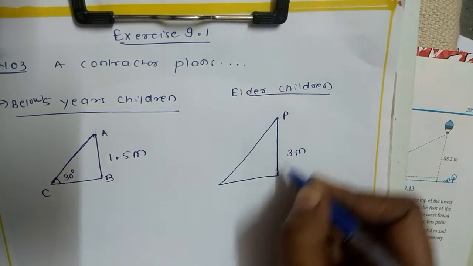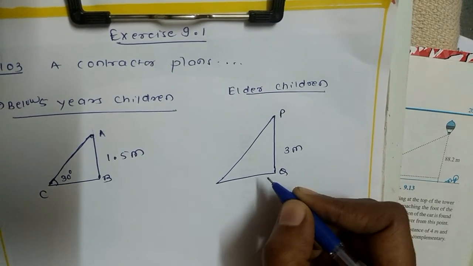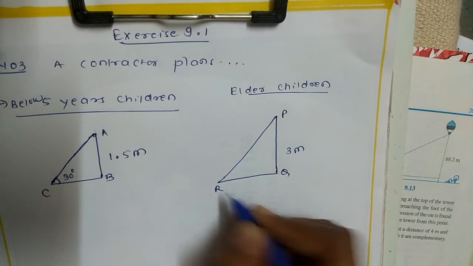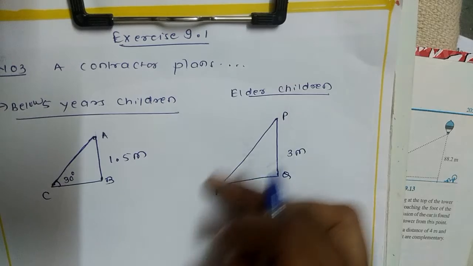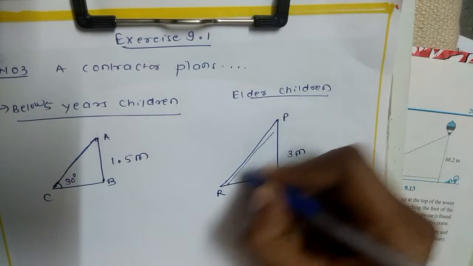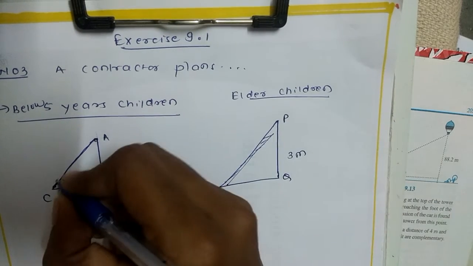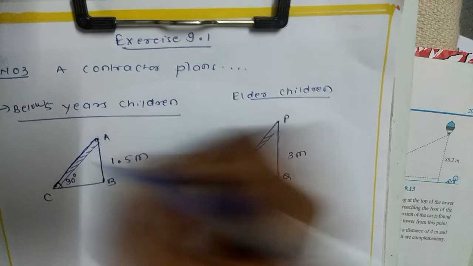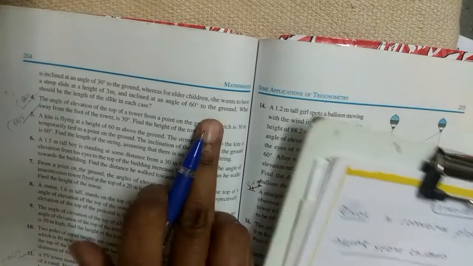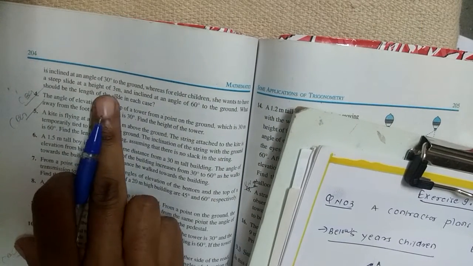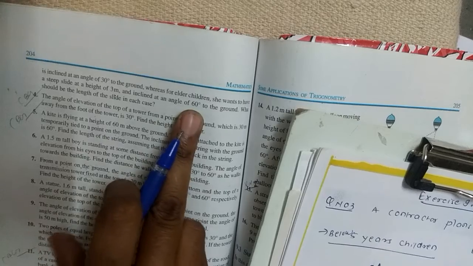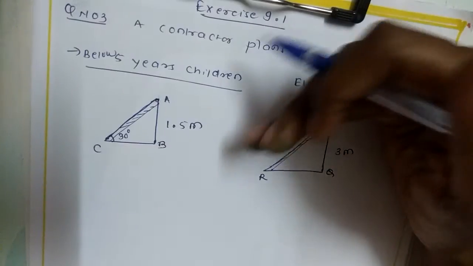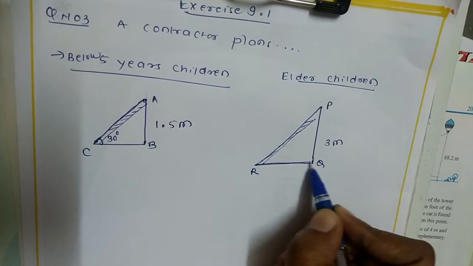And we will name this right angle triangle PQR. And this PR is what? Slide. Remember? So I'll draw for you. This is slide. This is for just understanding. She wants to have the slide at height 3 meter and inclined at the angle of 60 to the ground. So this slide has inclined to the angle of 60 to the ground. So that is 60 degree.